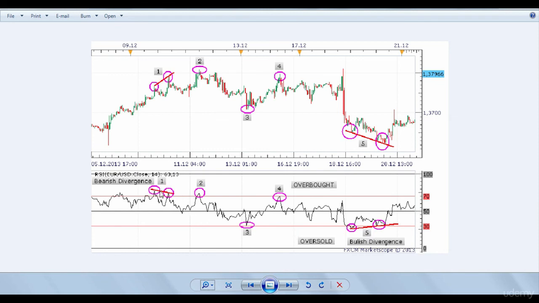Bearish divergence is a situation when the price on the graph makes a higher peak compared to the previous, but the indicator does not show a higher peak in its movement. Actually, the indicator makes a lower peak compared to the previous. A bearish divergence gives us a signal for short and tells us that a turnover from uptrend to downtrend can happen.